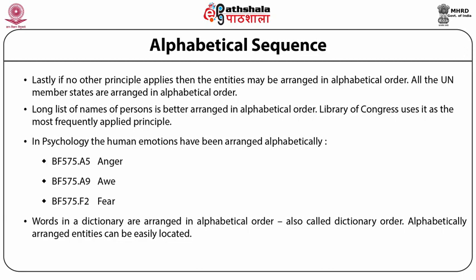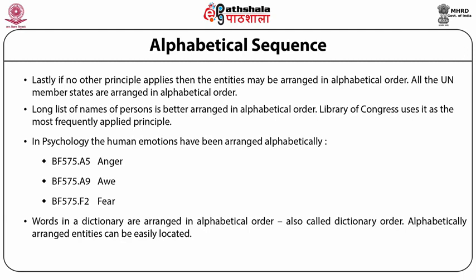For example, in a meeting of chief ministers of states in India called by the prime minister, all the chief ministers are arranged or placed in the alphabetical order of their name of the states, so that nobody can have a grievance that one is given a front place or a back place.